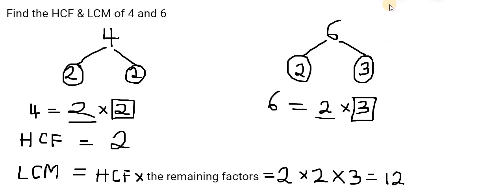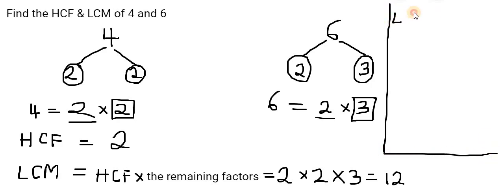The other way to find the LCM, either way, you need the HCF in both, is to multiply both numbers and divide by the HCF. Okay?